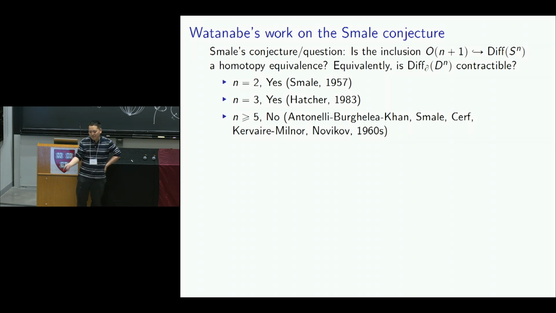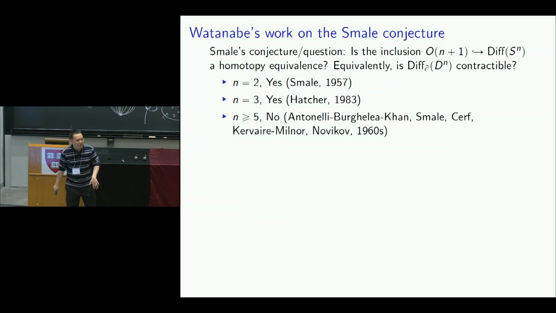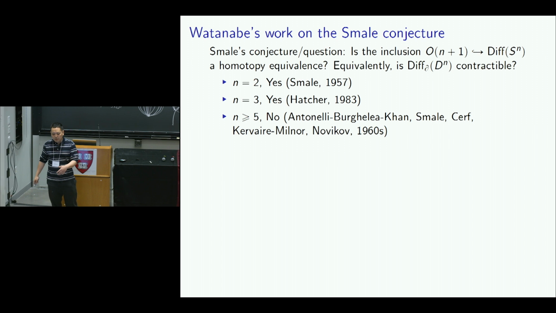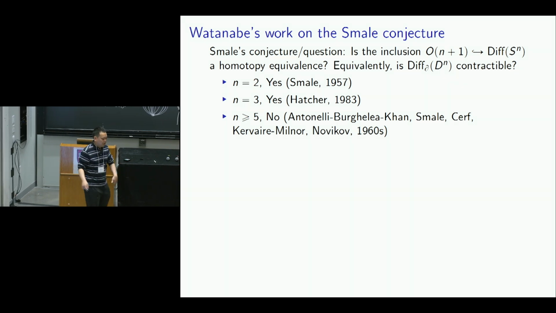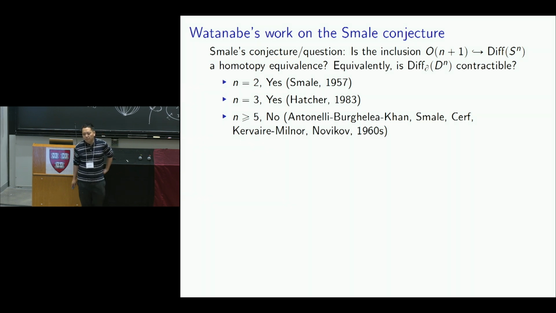So this immediately tells us that whenever there is an exotic sphere, there is an exotic diffeomorphism in a dimension lower. Even for those dimensions where there are no exotic spheres, you can find some exotic element in higher homotopy groups.